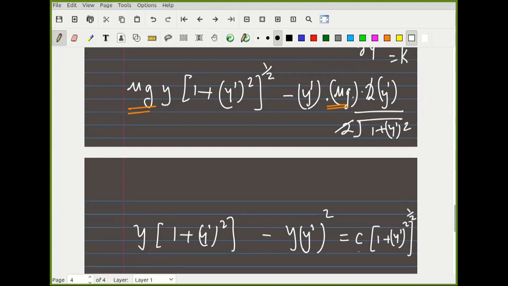So this c is nothing but k divided by mu g, and this root of 1 plus y dash the whole square is there.